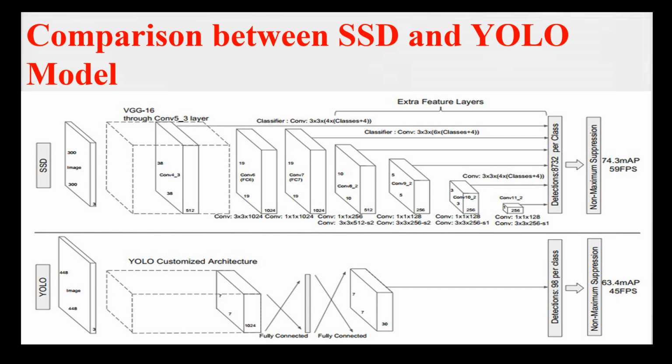Now this single shot detector adds several feature layers to the end of the base network, which predict the offsets to default boxes of different scales and aspect ratios and the associated scores. And also this single shot detector produces an average of 8732 predictions per class, while YOLO produces only 98 predictions per class. And the single shot detector with 300 into 300 input size significantly outperforms the 448 into 448 YOLO counterpart.